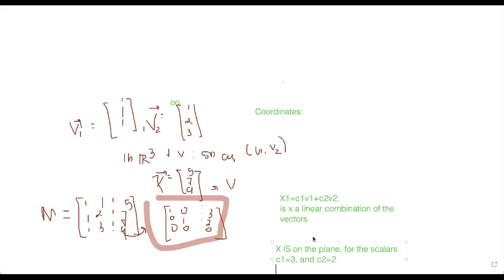Right? So that x equals c1 v1 plus c2 v2 equals 3v1 plus 2v2.